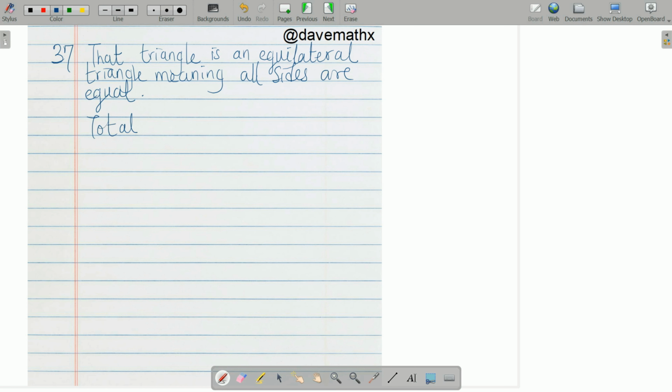The sum of all three angles of an equilateral triangle is equal to 180 degrees. 60 degrees plus 60 degrees plus 60 degrees equals 180 degrees.